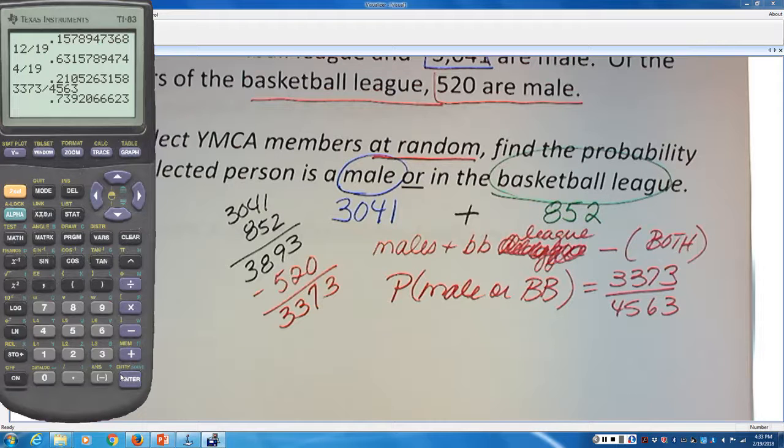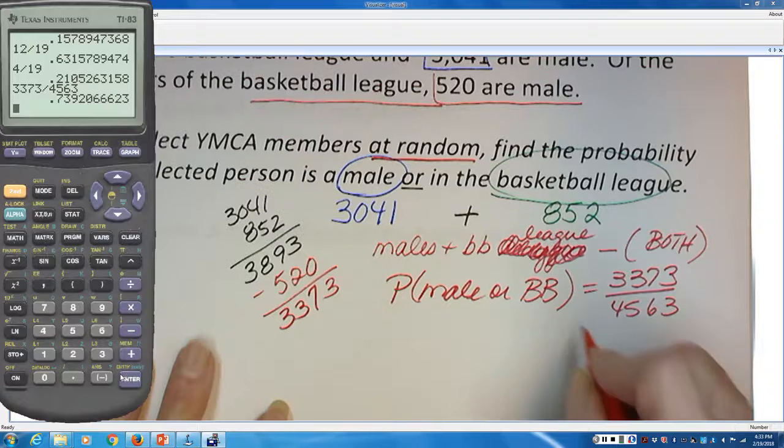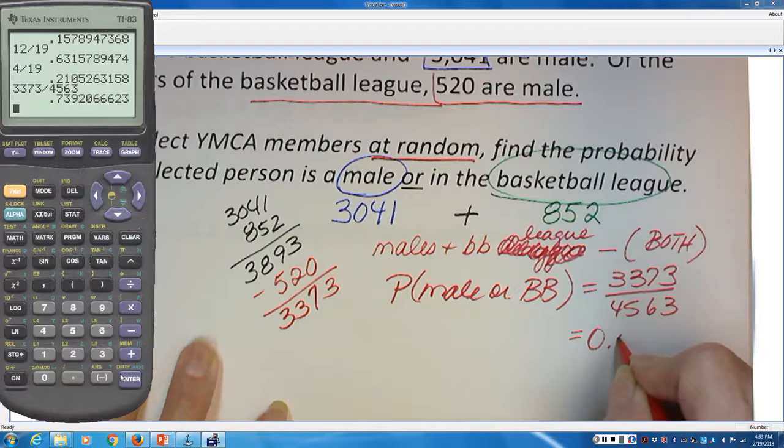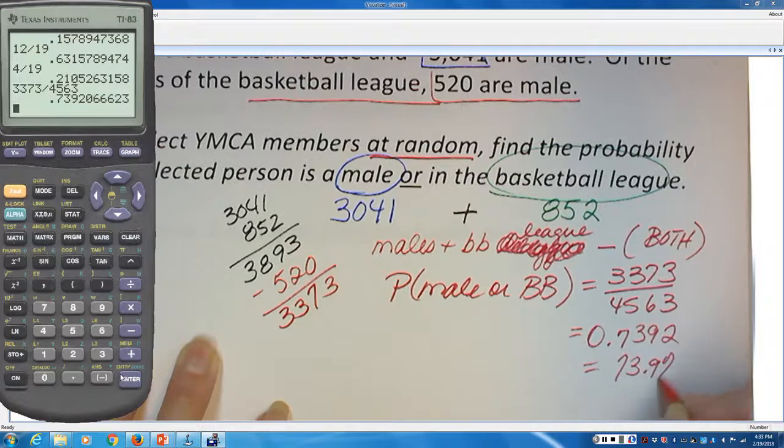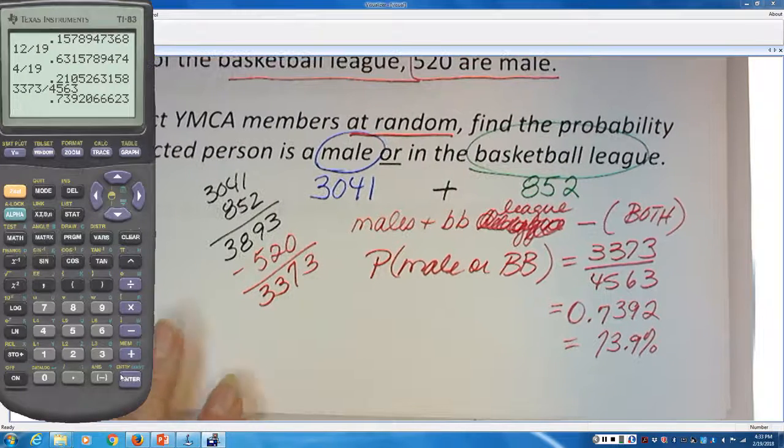Which is still a pretty good probability. So there's a 73.9% chance that you'll select somebody that's either a male or they're on the basketball team.